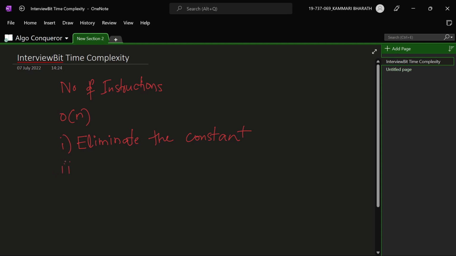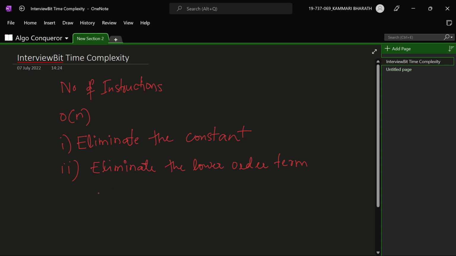And second, eliminate the lower order terms. We should only take care of the highest order term. We eliminate all the lower order terms. These are the basic rules to calculate the time complexity.